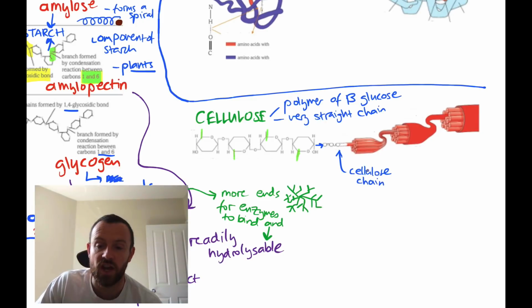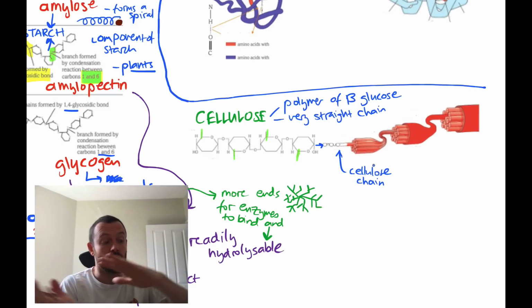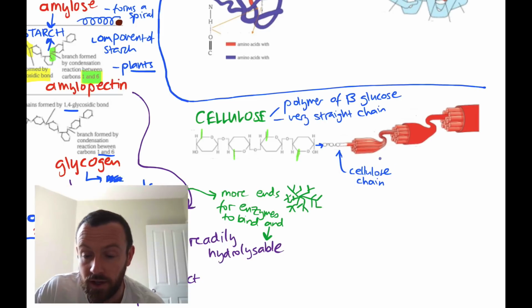Each of these cellulose chains can lie next to several other cellulose chains in a perfectly straight macromolecule. So we get several hundred chains forming together like this. Maybe you have 100 chains or something like that.